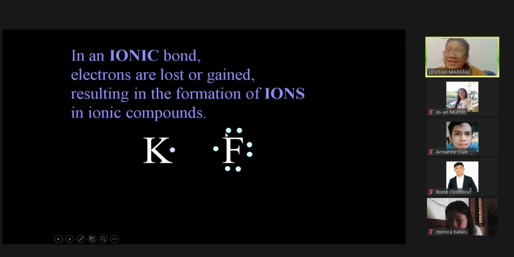So place now your dots there. Okay. 7 dots. 1, 2, 3, 4, 5, 6, 7. Okay. So, your fluorine here lacks 1 electron. According to octet rule, it should be 8. So what will happen? Therefore, your potassium here, which has an excess of 1 electron, should give it to fluorine.